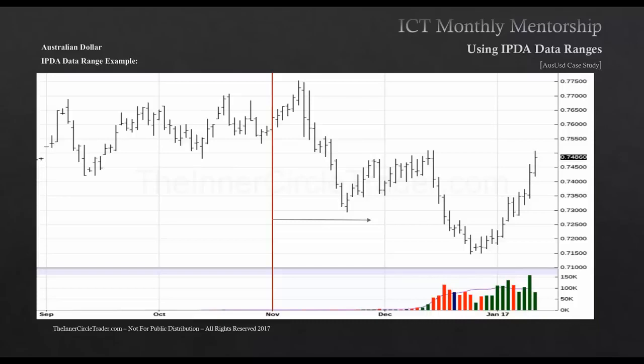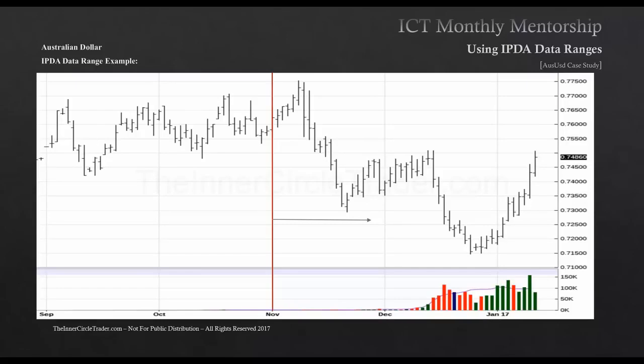Where are the buy stops in the last 60 days? Where are the fair value gaps? Where are the price gaps where price has not been efficiently delivered in the last 60 days? Where are the liquidity voids, where price has only been delivered on the upside, where it has to come back down to efficiently deliver price and balance it out by going back down and closing in that range?